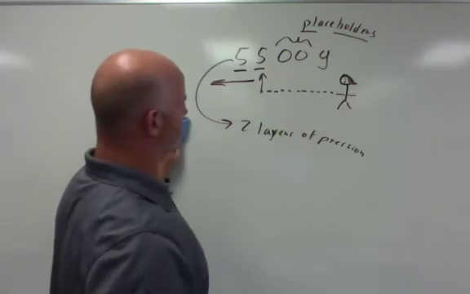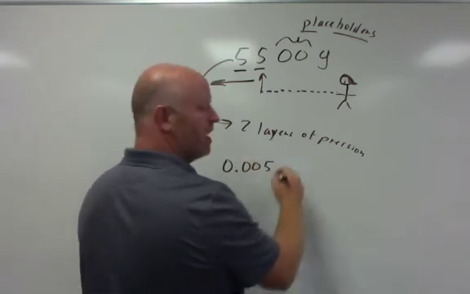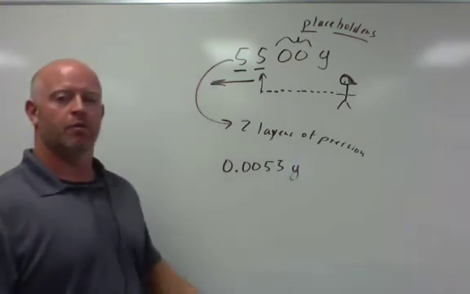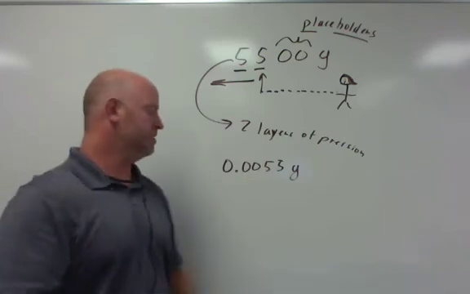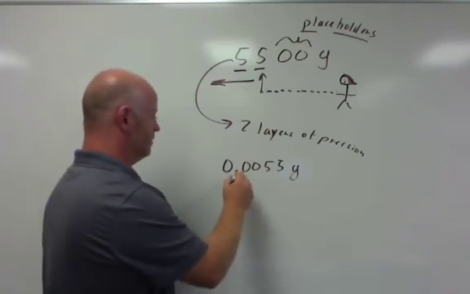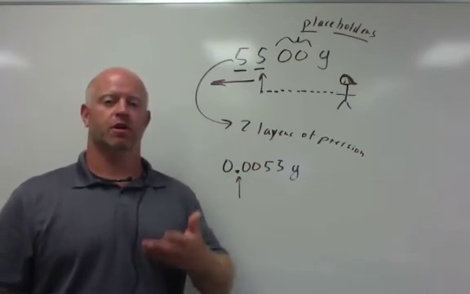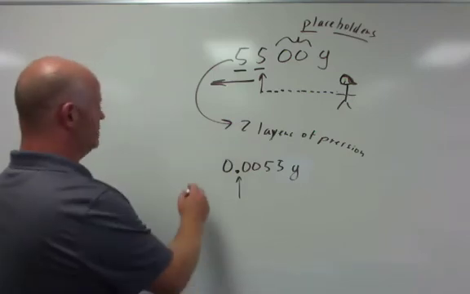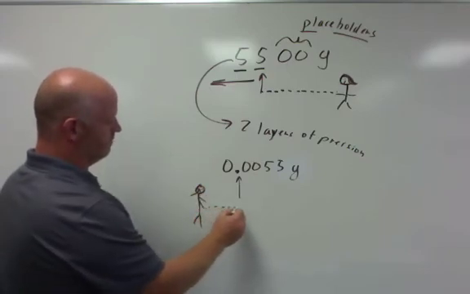Now if we go on to the next example, we had 0.0055 grams. In this case, again, we know the 5s are significant. We do see a decimal now, so here's a decimal that we have to work with. And because we see a decimal, we'll apply rule number 2. You see a decimal, start on the left, go to the right. So I'm going to start on this side now, and I'm going to walk this way.